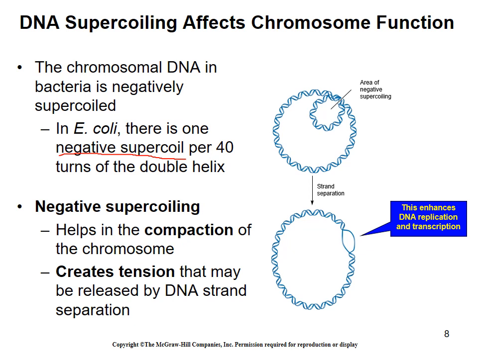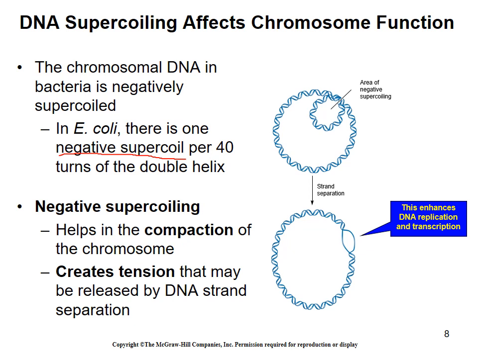Let me rewind that for a second. When you start coiling up your DNA to make a supercoil, usually what you do is you rotate to the right. And as you're rotating to the right, you're creating those supercoils that we saw on our previous slide. However, if you create a negative supercoil, you coil to the left.